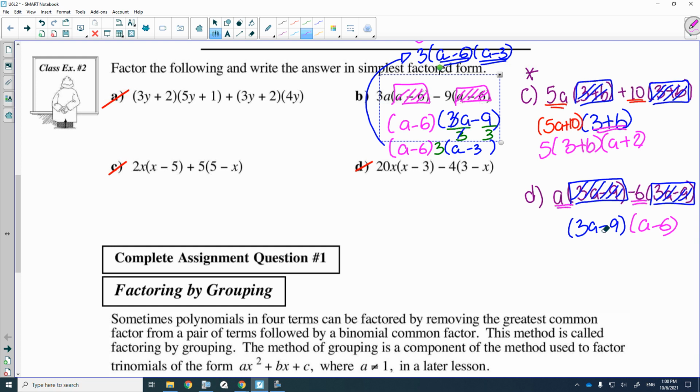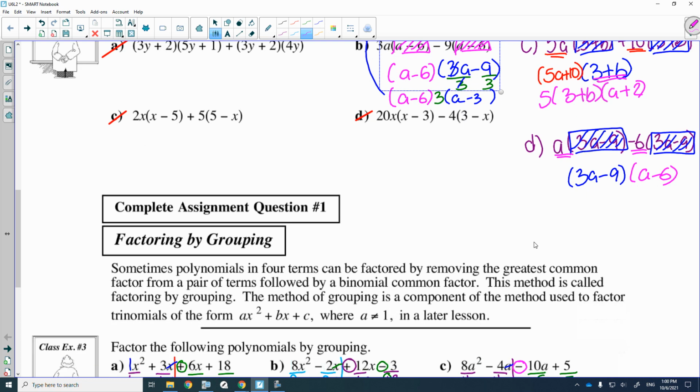Okay, who wants to do this one? Who's got this one done? 3 factors for this one. Juan, you think you know what it is? Did you do that one?